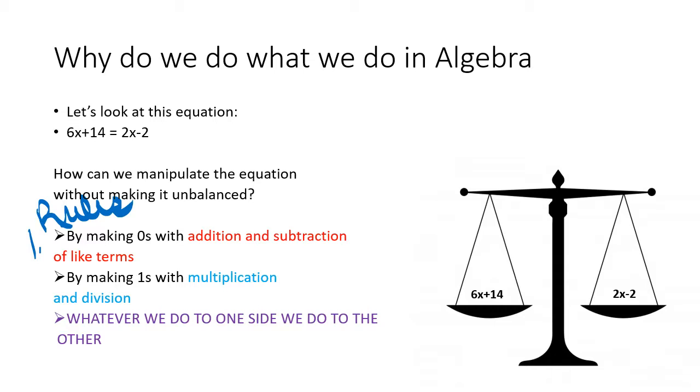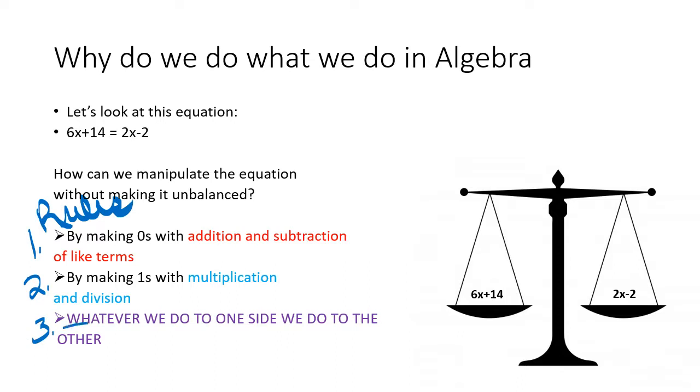So anywhere we can add or subtract something together, if it's across the equal sign, what we do is we make zeros. And you'll see in the example a better illustration of it. And when it comes to multiplication and division, we make ones, because if you make zeros in multiplication and division, it goes away. So we don't want to do that. So we make ones.